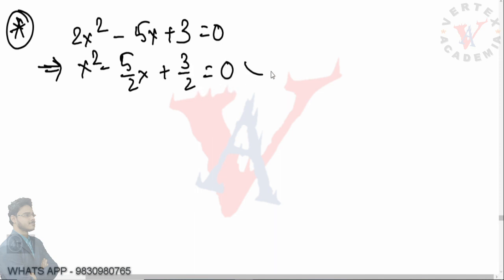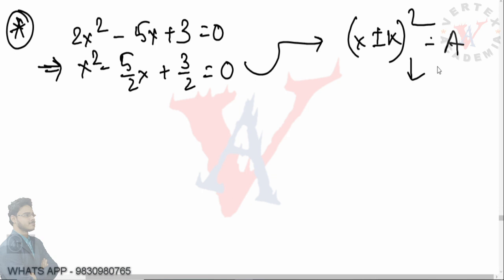Now from this, how to write that x plus or minus k whole square plus or minus a step in one step? We are just jumping one step. What you have to do is consider this number, which is minus 5 by 2, and take its half. Whatever the number is, with its sign, you have to take its half.